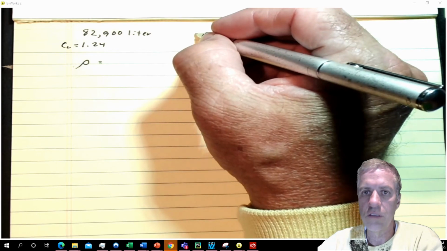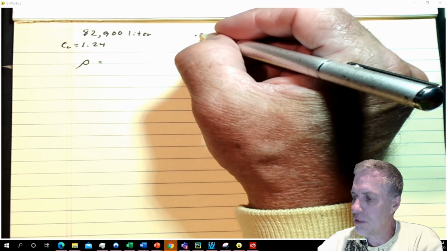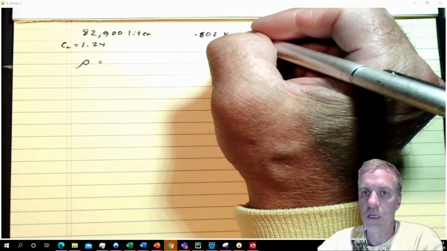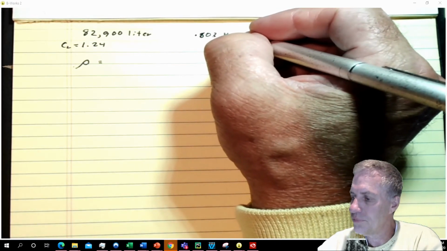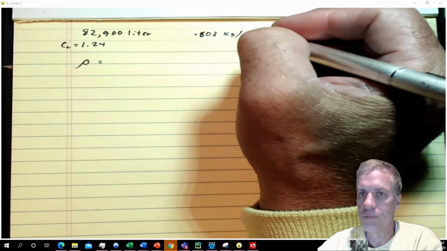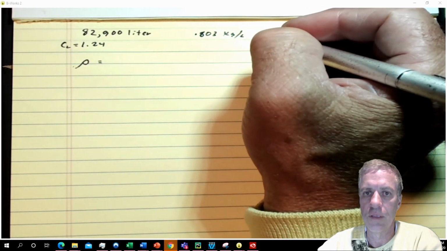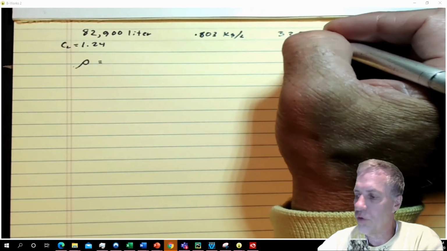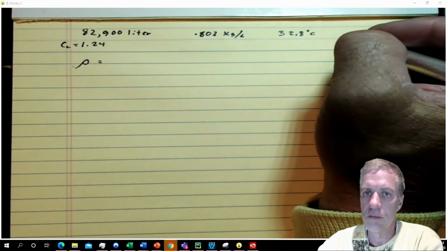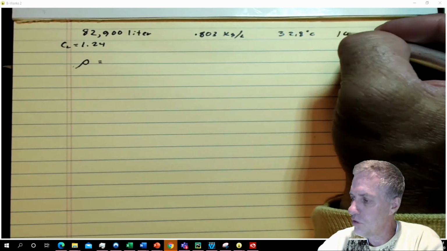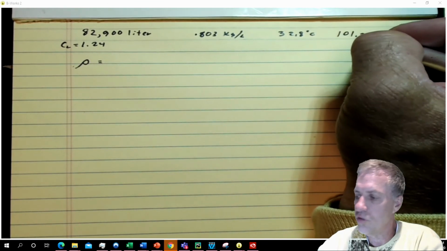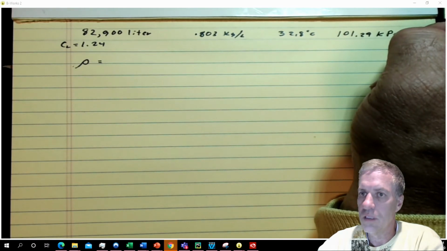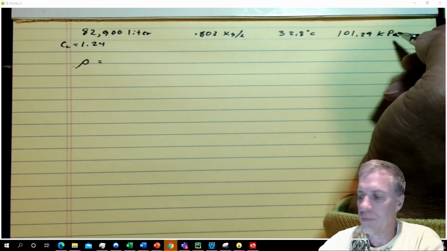The fuel weighs 0.803 kilograms per liter. It's 32.8 degrees Celsius, and we're still at 101.29 kilopascals.